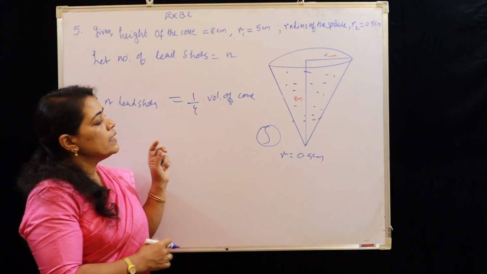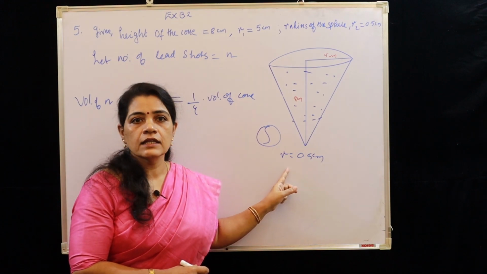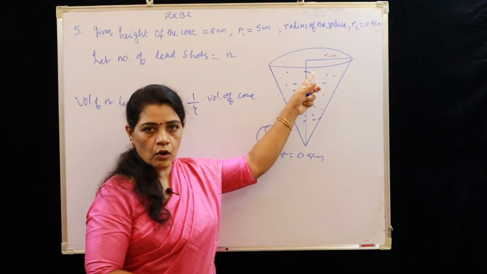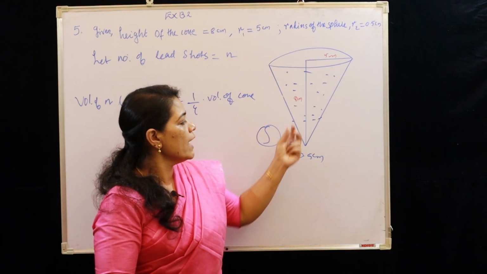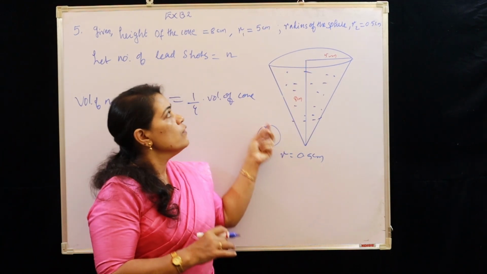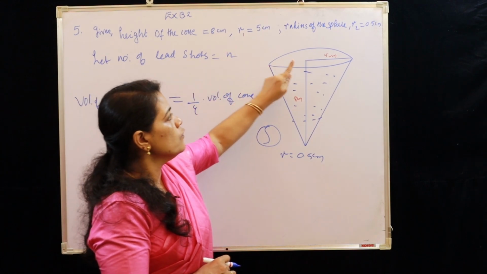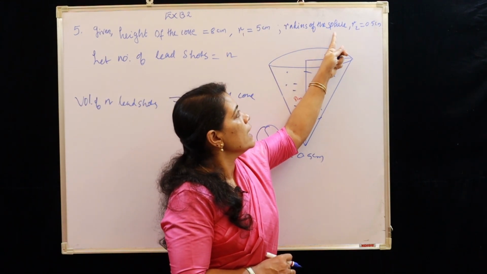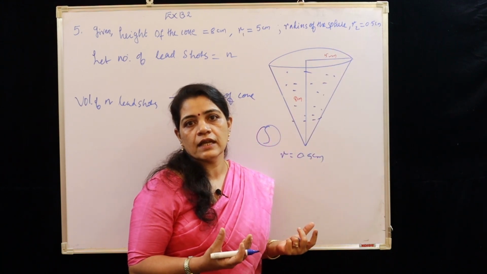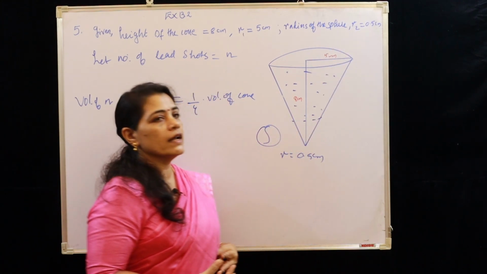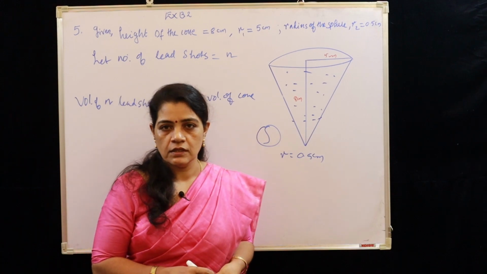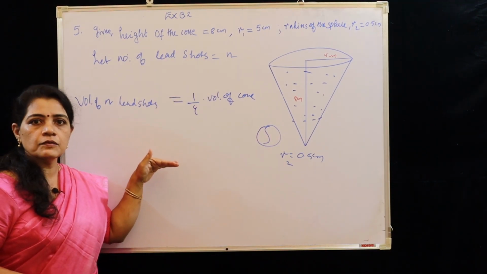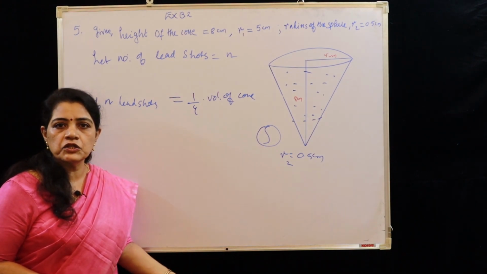Here we have two radii. One is the radius of the vessel, that is the cone, at the top, given as 5 centimeter, and also the sphere. So we can take R1 for the radius of the cone and R2, the radius of the sphere, that is the lead shots, given as 0.5 centimeter. Now we can substitute the formulas, then the values, and easily reach the answer.